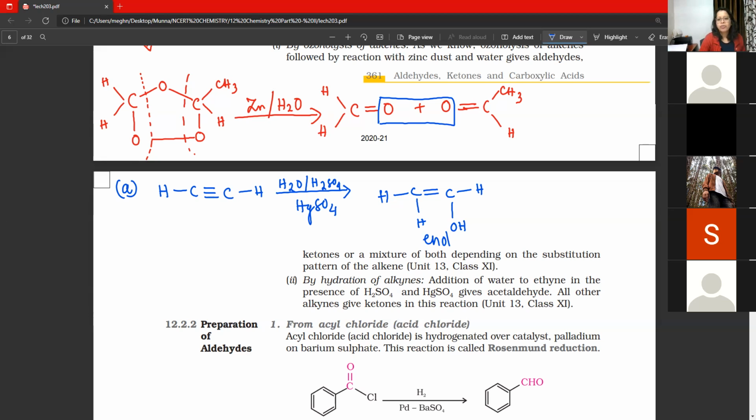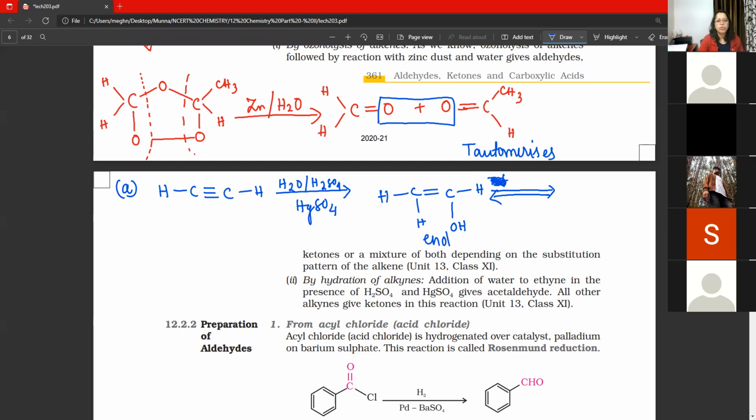This enol further rearranges, which is called tautomerism, further rearranges to give us aldehyde. This is called tautomerism, or tautomerizes to give us.